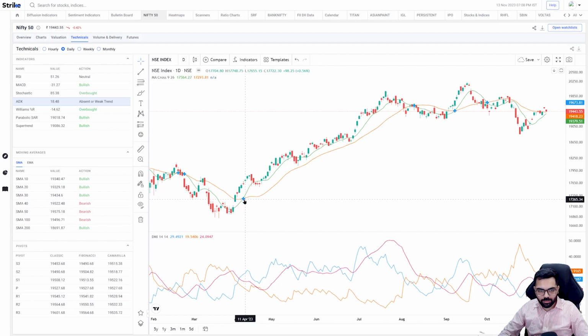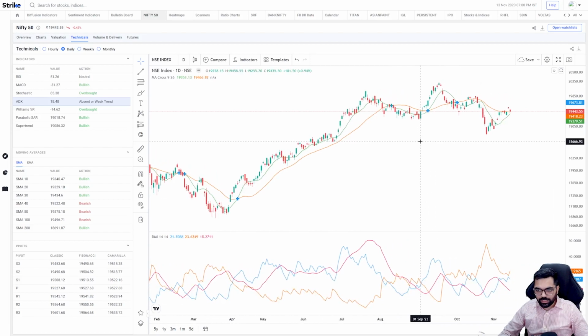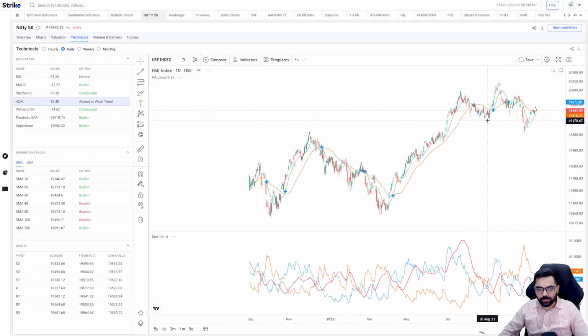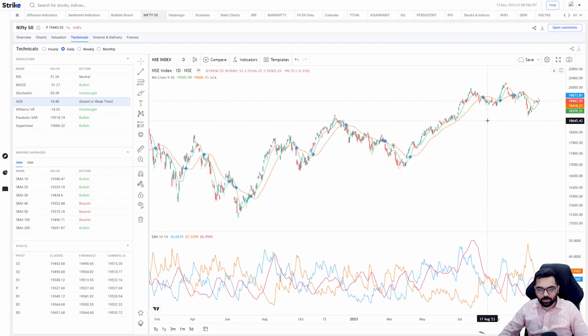So we have now confluence of both signals, which is a great sign, and we have seen the market continue its trend up. Now again, similar signals have occurred here and here as well, but the difference is that the ADX value is not strong, that is, it is not above 25. So this is how one filter can help you eliminate the other one, ignore the bad signals and stick to only the good ones.